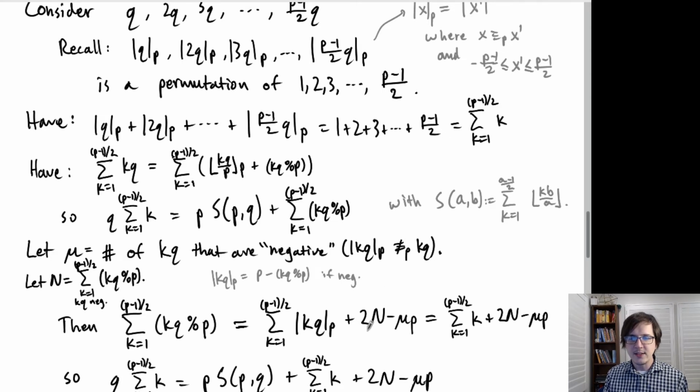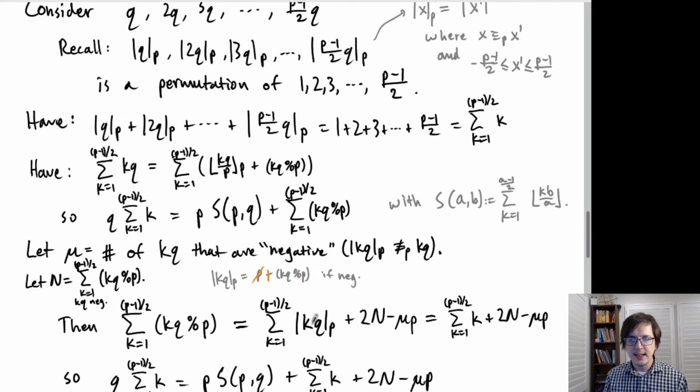So if we add 2n minus mu p, what that does is, for each negative one, we're subtracting a p, which cancels this p out, and then we're adding 2n, which then not only cancels this out, but adds it back in to make it positive.